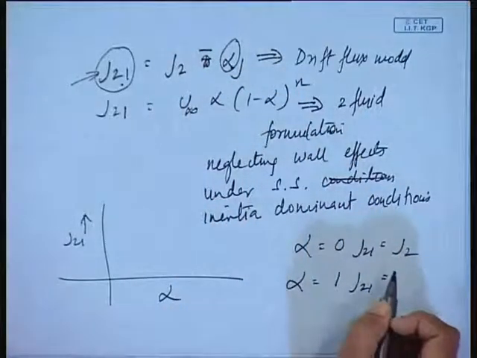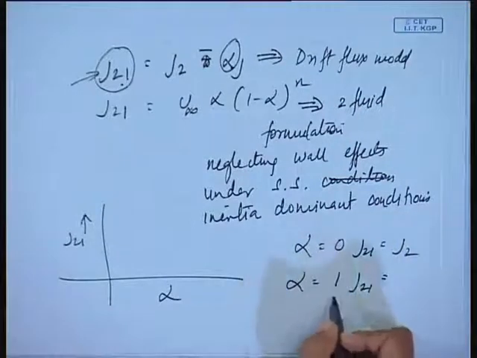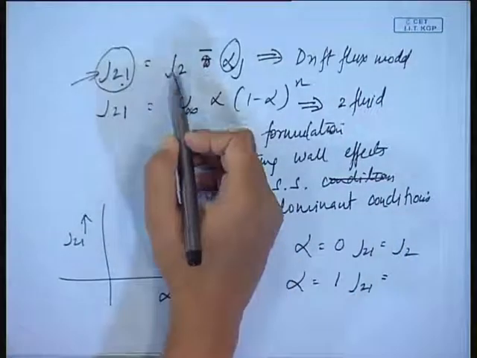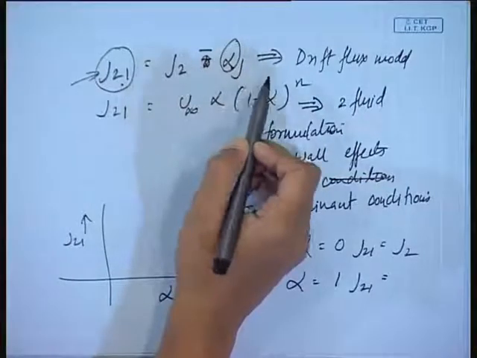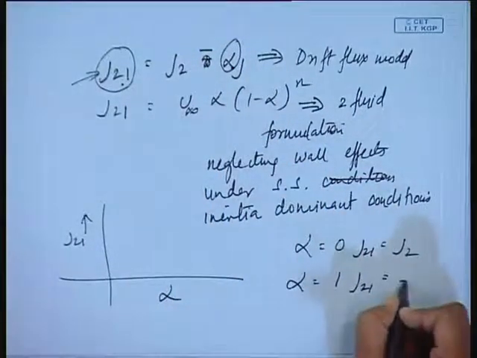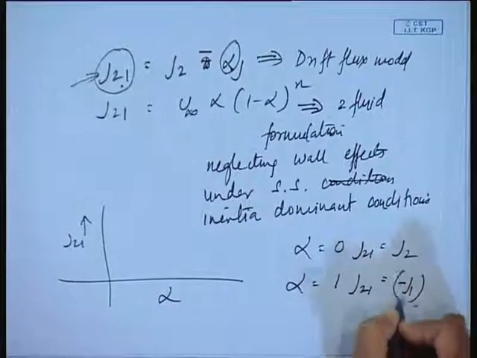This is J2 minus, sorry, very sorry, minus alpha j. Therefore, when alpha equals 1, this becomes J2 minus j, and j is J1 plus J2. So, therefore, this becomes minus J1.